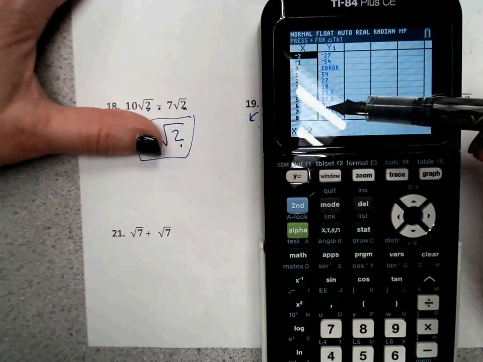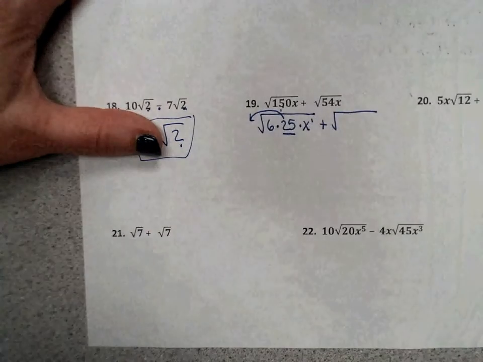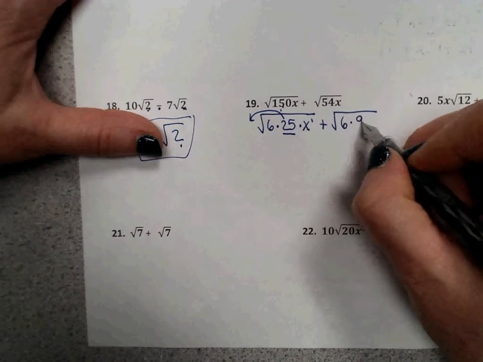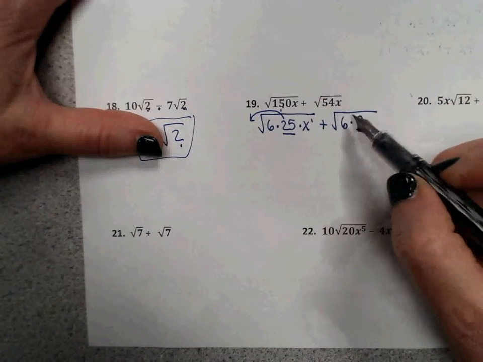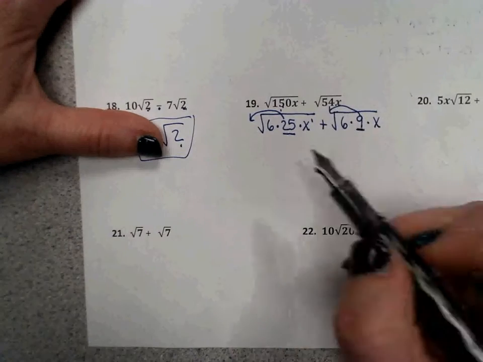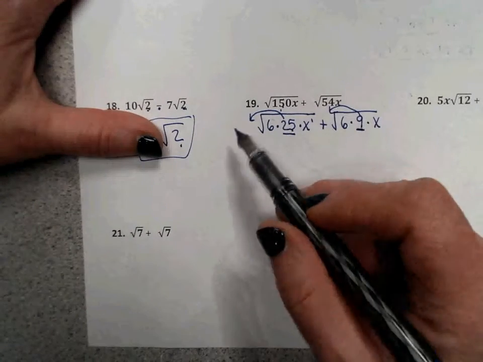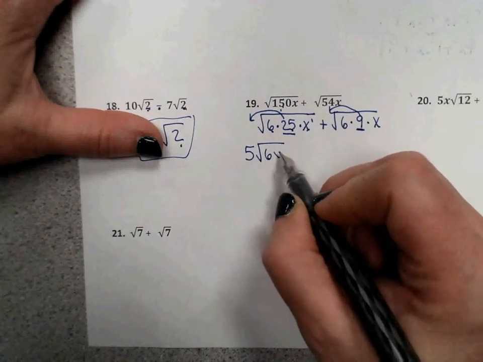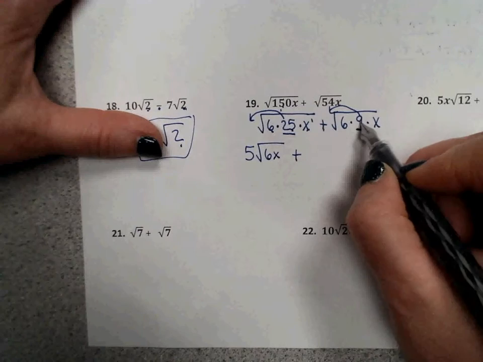And can you pick out the pair that has a perfect square factor in it? I hope that you have selected 6 times 9, since 9 is a perfect square. So your 54 is going to break down to 6 times 9, where the 9 moves out. And this one also just has a spare x.